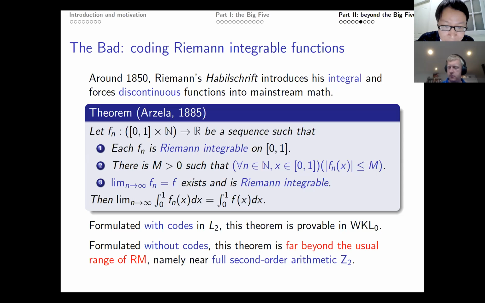Another question from Shu Changjie. Does constructivity play a role in higher order reverse mathematics? So that's actually a very good question. We sometimes see the same problems and challenges as constructive math.